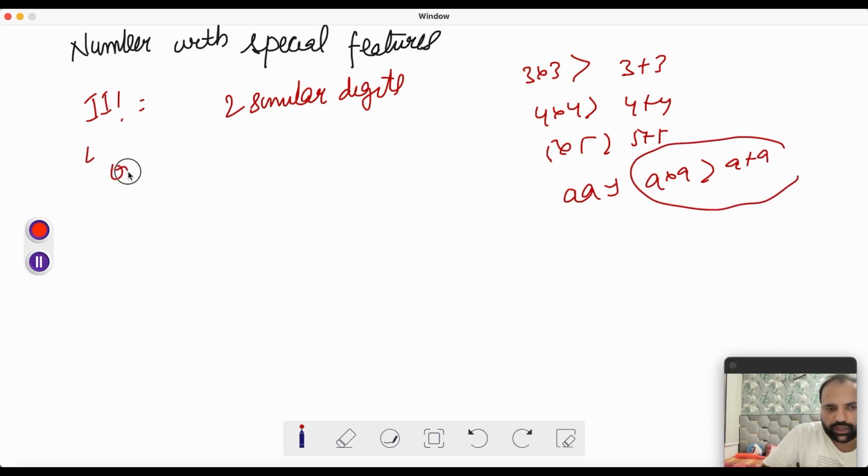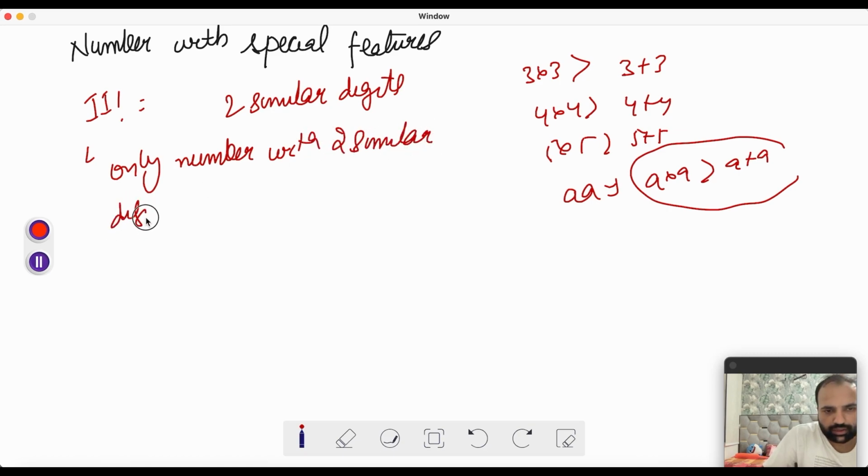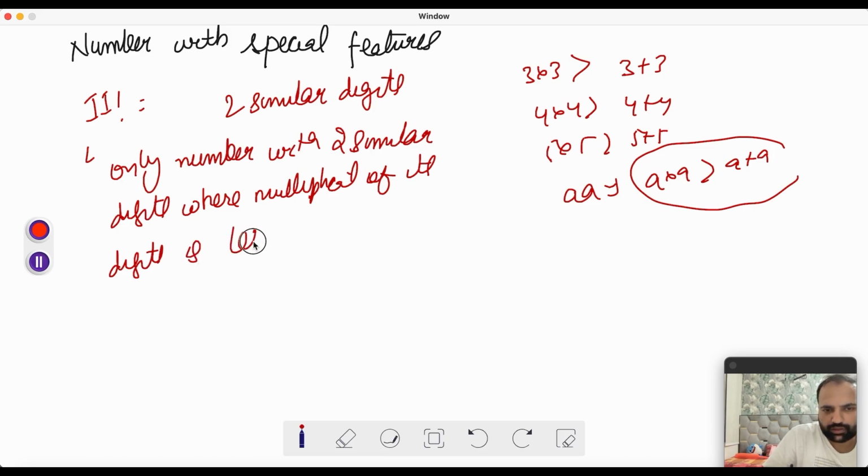This is the only number with two similar digits where the factorial of the multiplication of its digits is less than the addition of its digits.